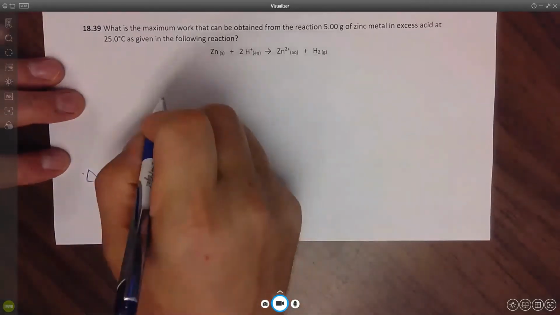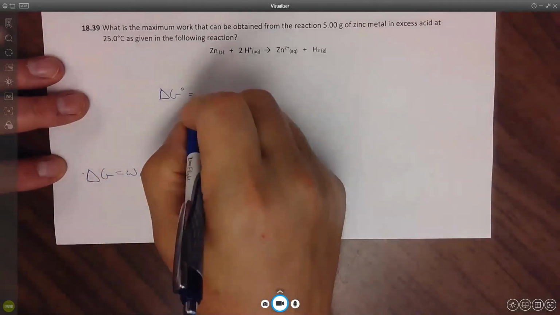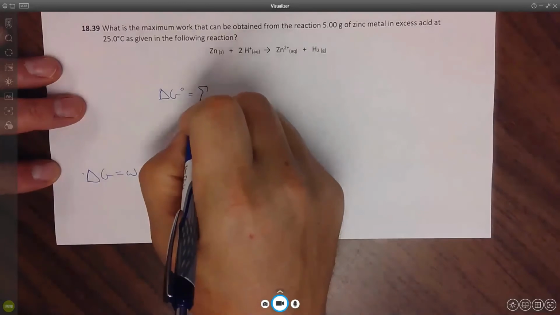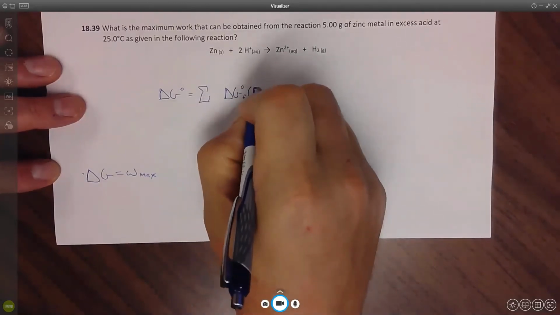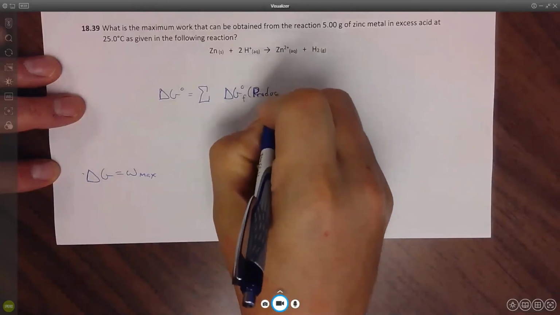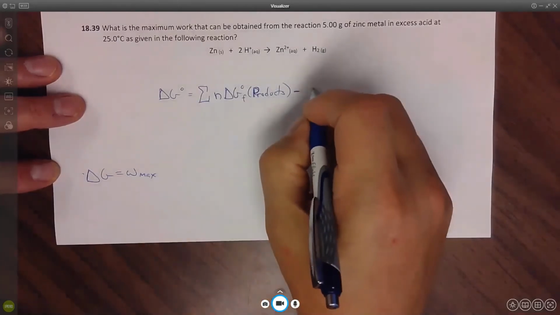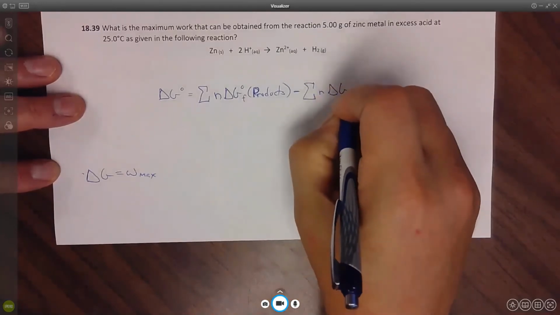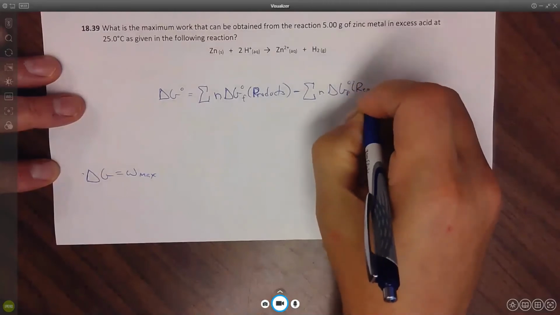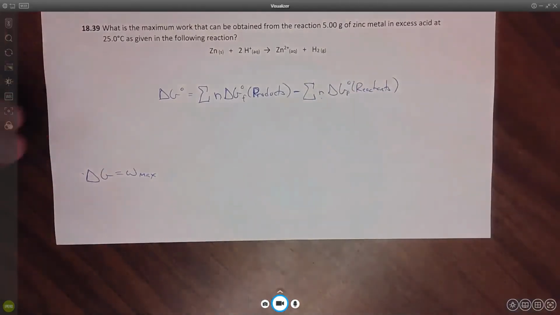Okay, so you want me to use a summation law that the change in free energy is equal to the sum of the free energy of the products, again, each multiplied by the coefficient in the balanced chemical equation, minus the sum of the free energy change of the reactants, and again, each multiplied by the coefficient in the balanced chemical equation.